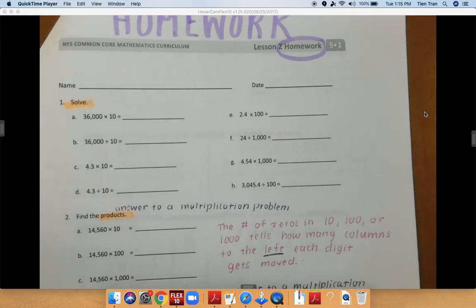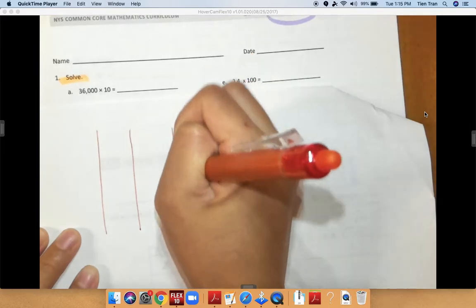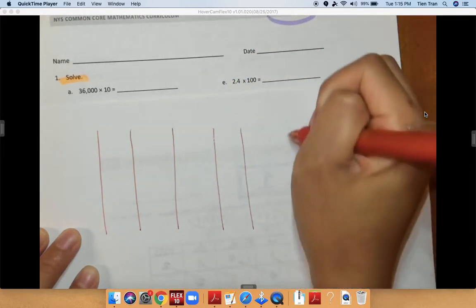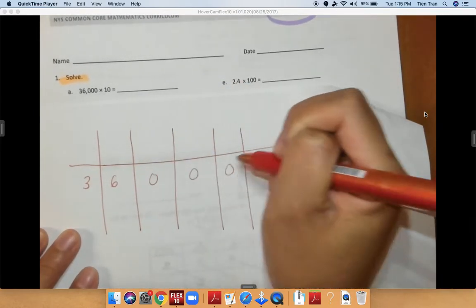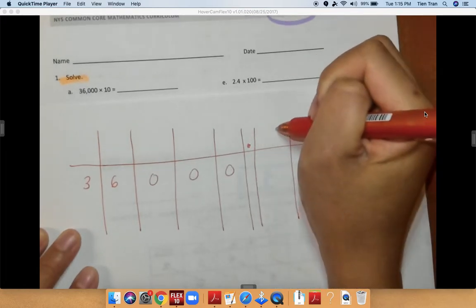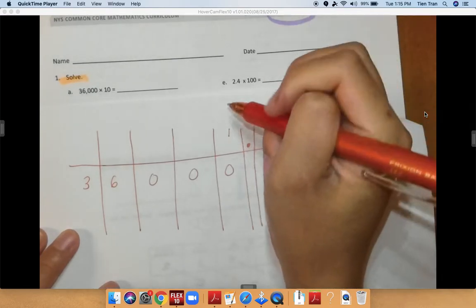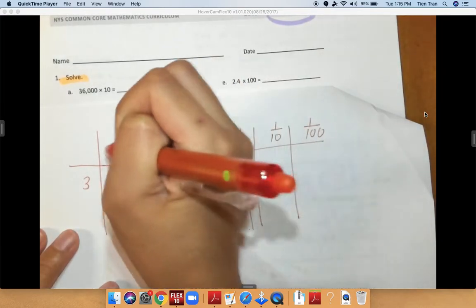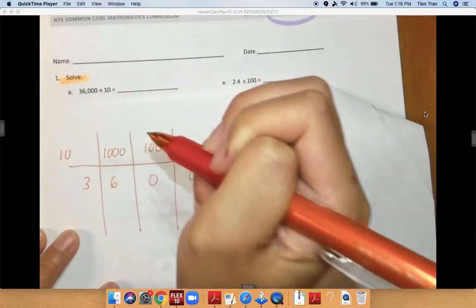One way you can solve for it is you can draw out the chart. If you want to draw out the chart, you can. Okay, and we remember that 36,000 looks like this. That means that this is my 1/10, my 100ths, and over here we have 1, 10, 100, 1,000, and 10,000.